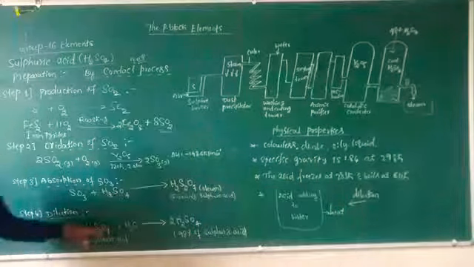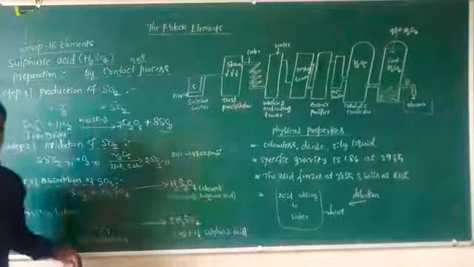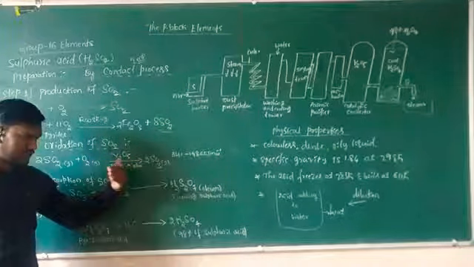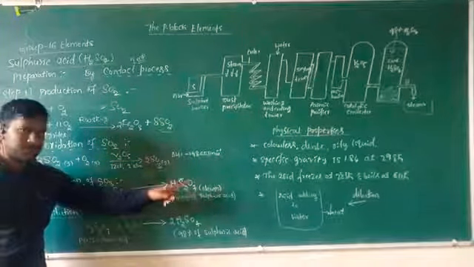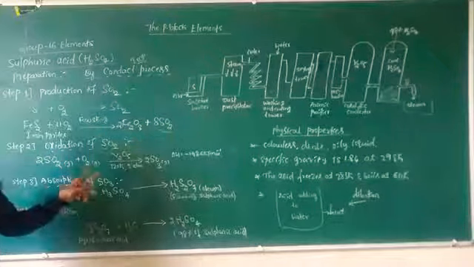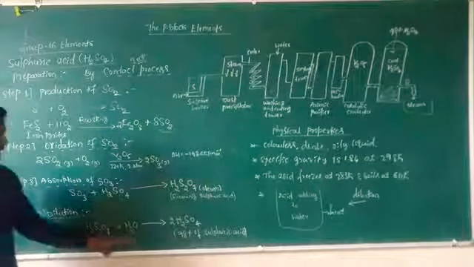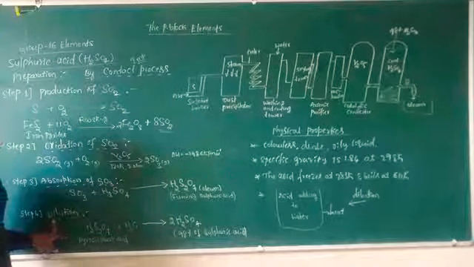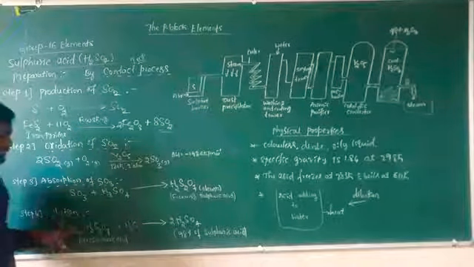And then the fuming sulfuric acid, H2S2O7, converts into H2SO4 by adding water. Adding water is called dilution.